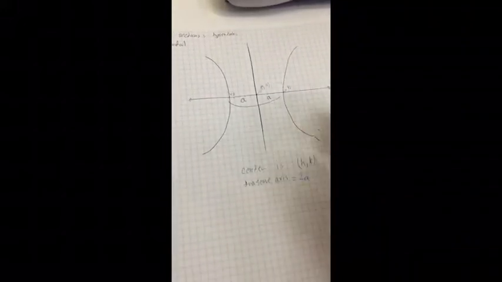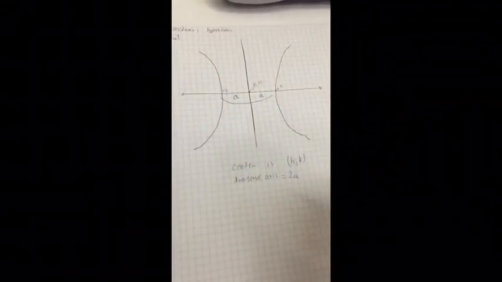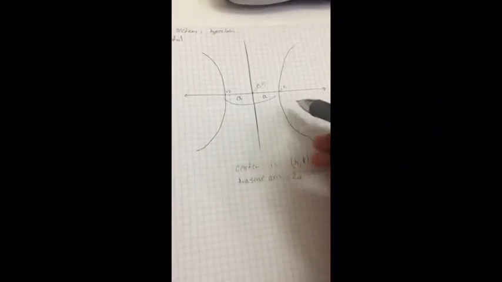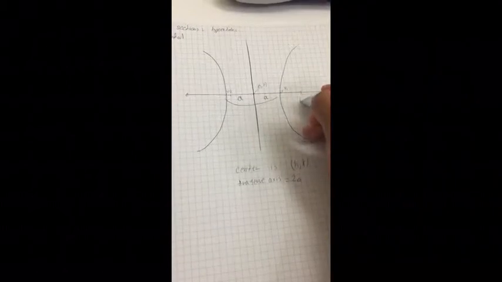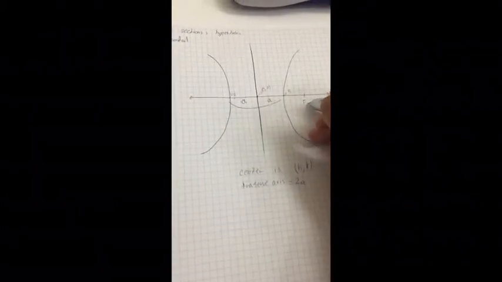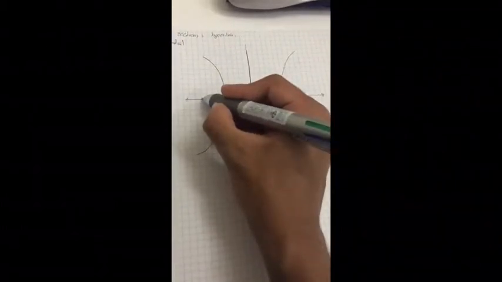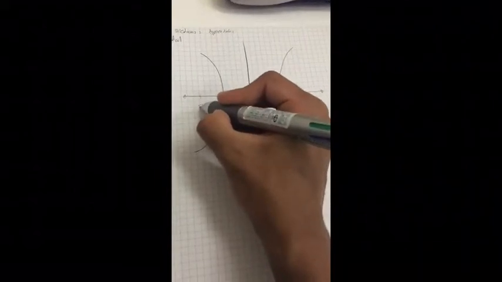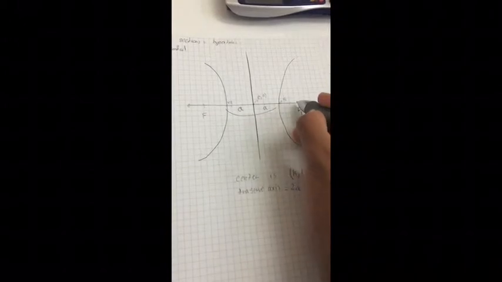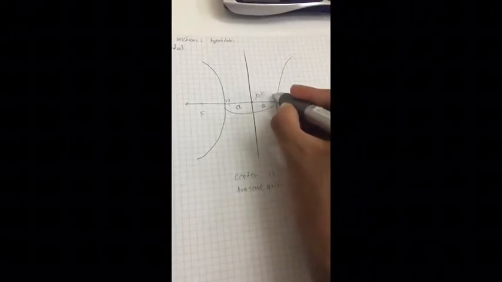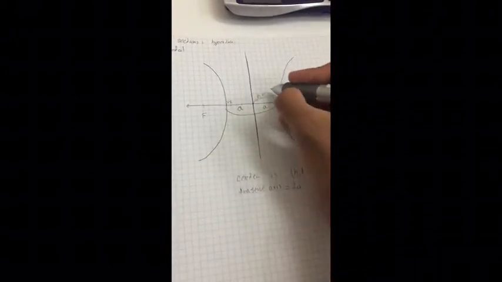And the foci of the hyperbola are located here. This is f1 and this is f2, and the distance between f1 and the center is called c.